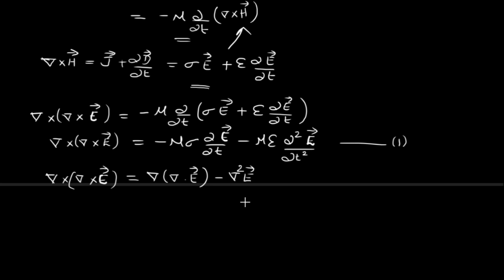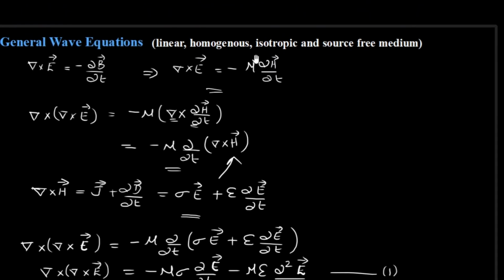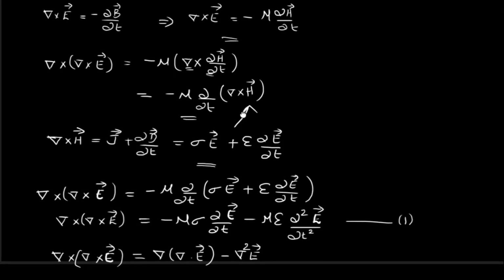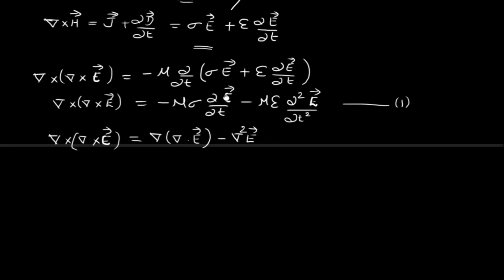Now see here, before directly substituting this into my reference equation 1, which medium am I in? I am in a linear, homogeneous, isotropic and source free medium. When I say source free medium, it is a charge free medium. So I will be making use of the next Maxwell's equation, that is del dot D equals rho V. In this particular medium del dot D becomes 0 because it is a charge free or source free region.